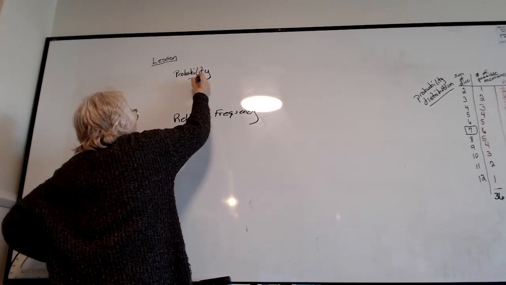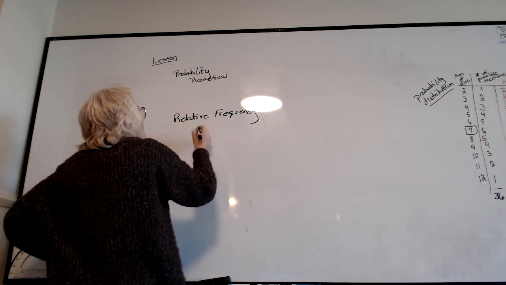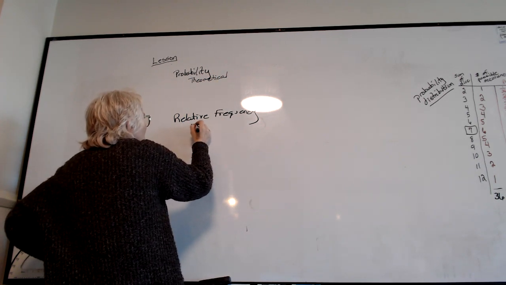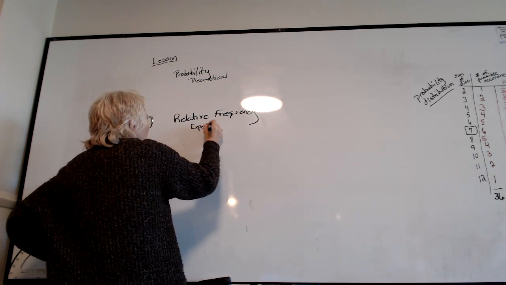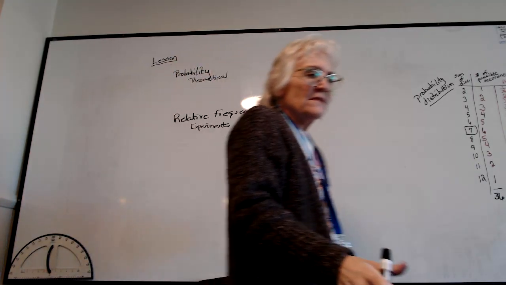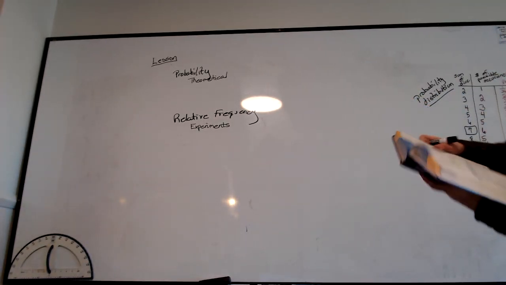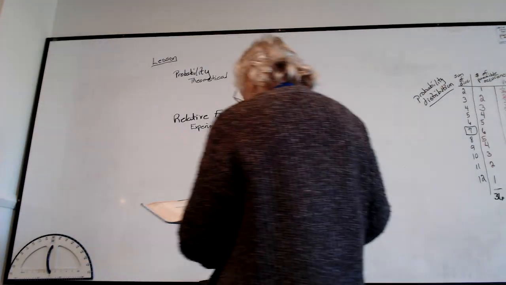Probability is theoretical. Relative frequency is done by experiments. So it shows that they did this experiment with throwing a die.